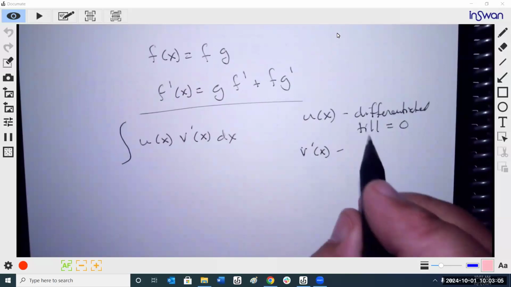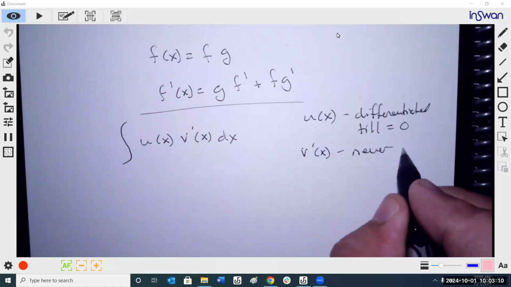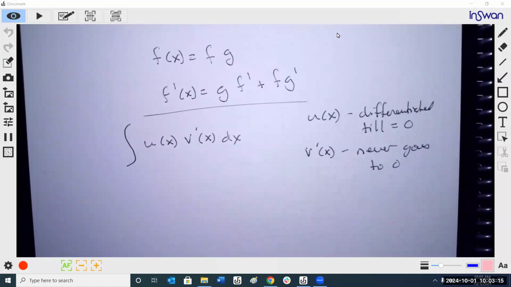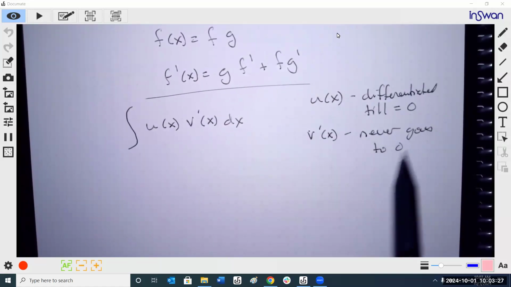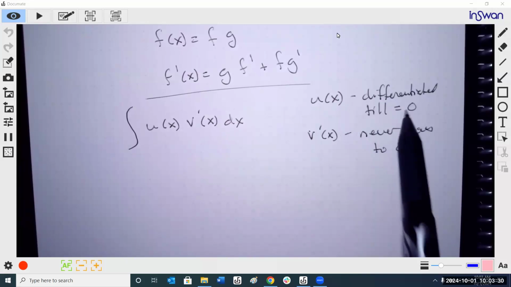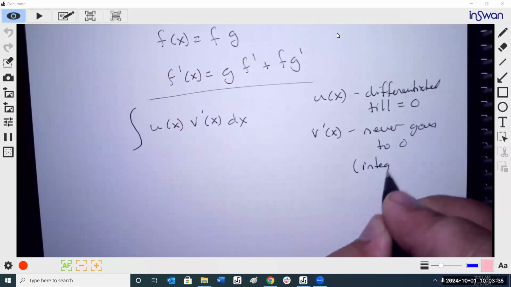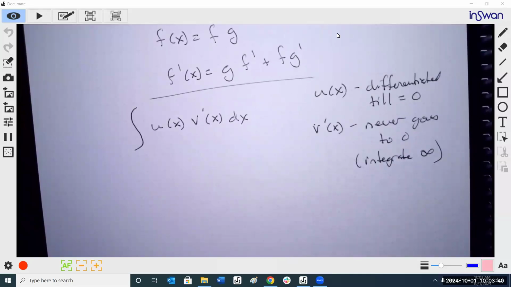The v prime will be one that never goes to 0. It keeps on repeating itself, like the cosine. Derivative of cosine is negative sine, then negative cosine, and so on. So you could integrate this one forever, and this one you could differentiate till it becomes 0. You can integrate infinitely many times.